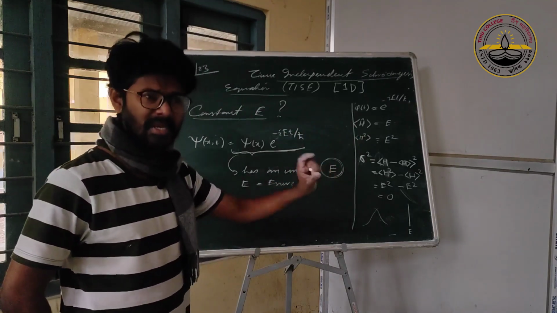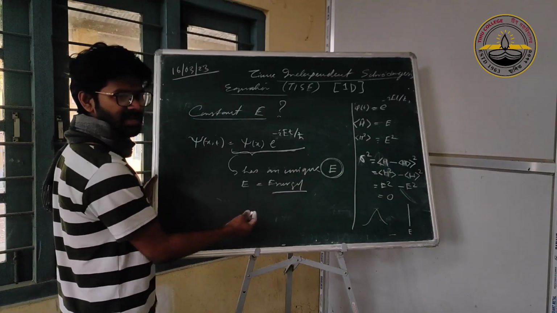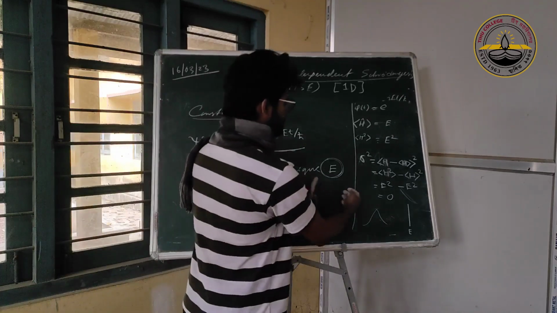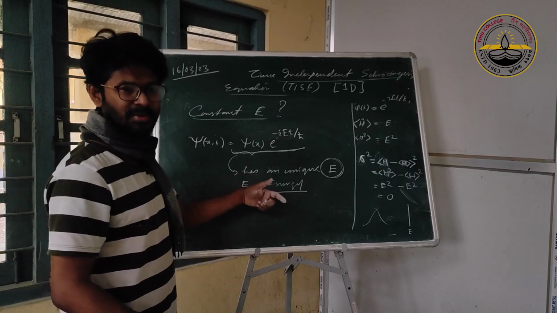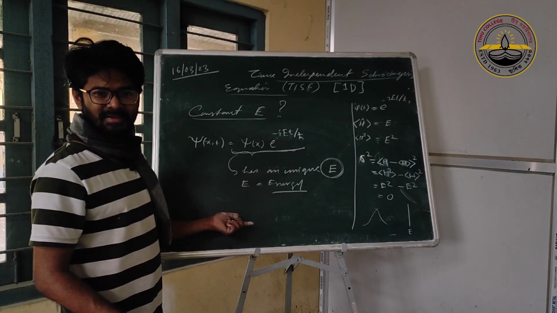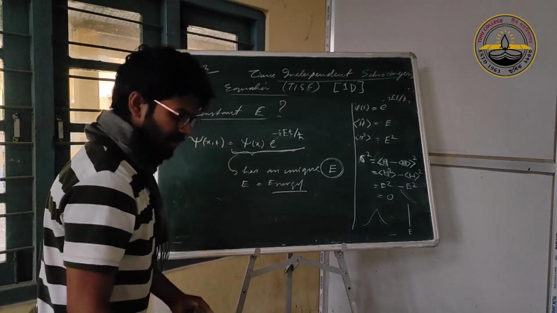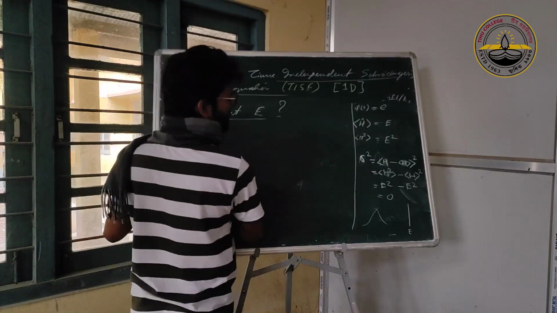That's the reason we named the constant E: we knew it would come out to be energy, so why not use the symbol for that. So we learned two things about our stationary states.